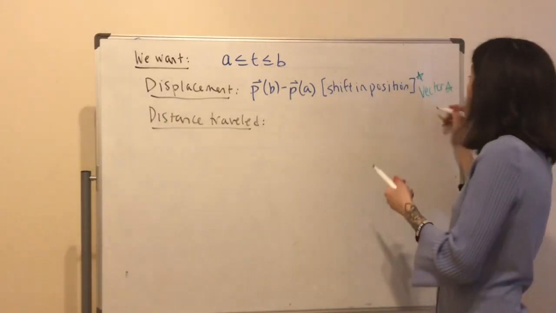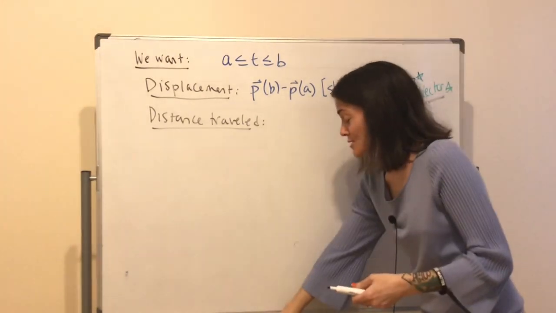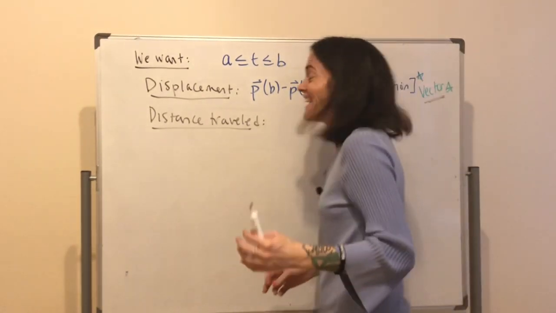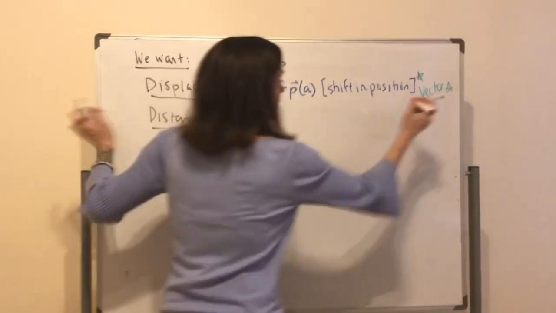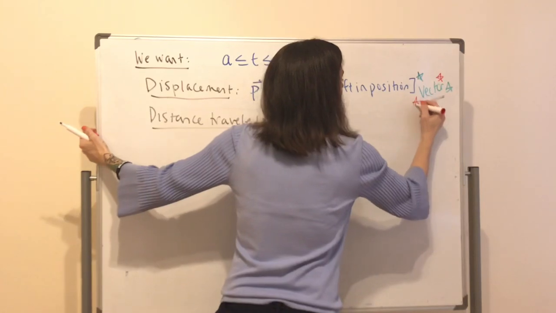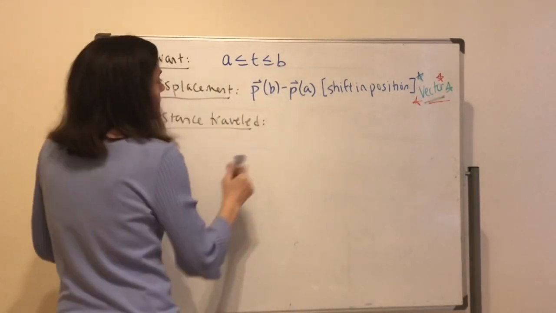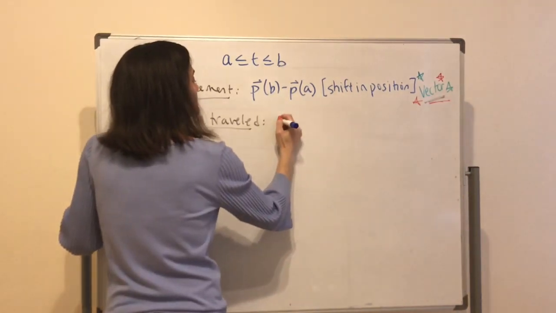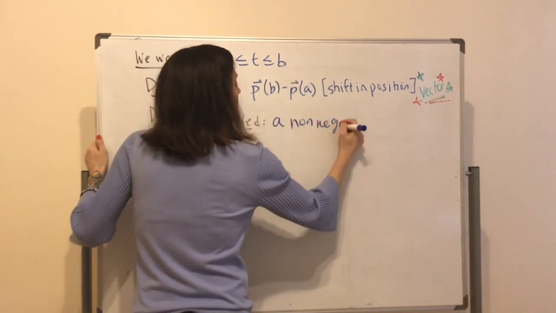Displacement, when you have motion in space, this is a vector. I'm trying to star it with every single color. Okay, maybe I didn't use red yet. Here I go. This is a vector. Okay, very nice. And then the distance traveled, this will be a non-negative number.